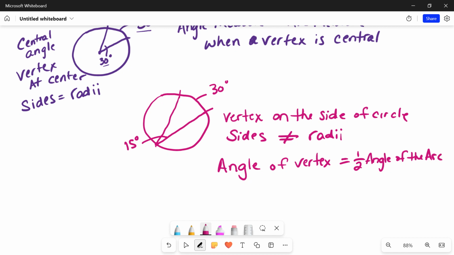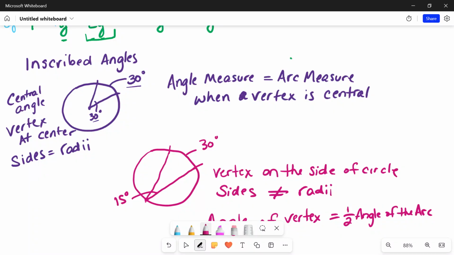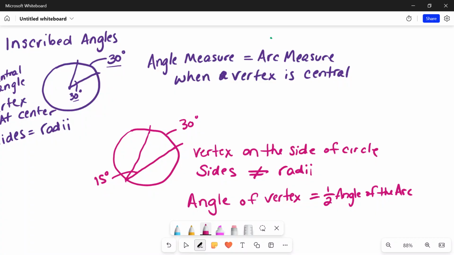So if the vertex is at the center, then the angle of the vertex is going to be equal to the angle of the arc. If the vertex is over here on the side, then the angle of the vertex is going to be half the angle of the arc. All right, so that's not bad. Let's do a few problems with that.